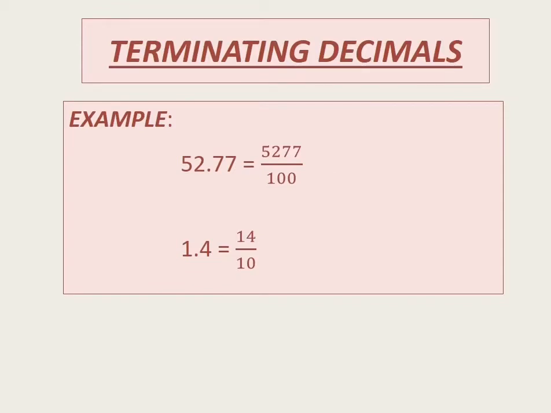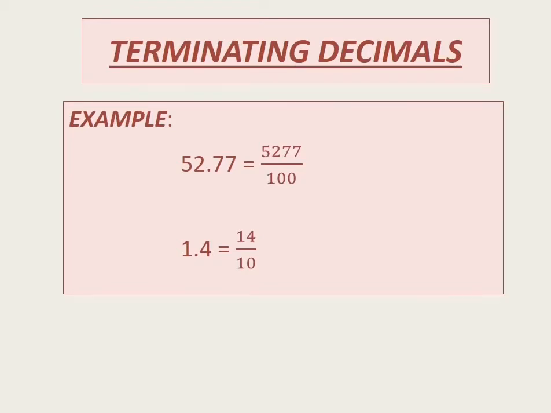This is another example. Guys, you know 1.4. The decimal part is finite, as there isn't any number after 4, okay? That is why it's a finite decimal number, right? This is known as a terminating decimal, okay? Now this decimal number can be represented as a ratio of two integers, and these are 14 over 10.